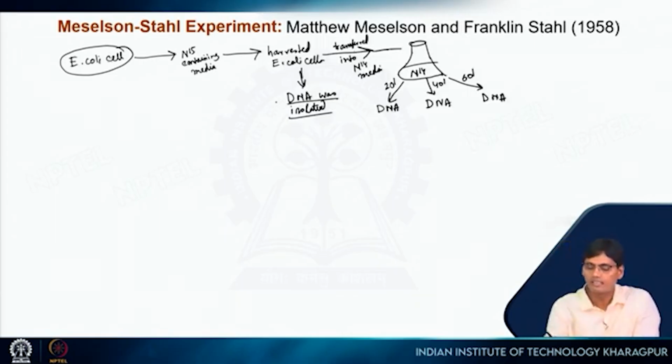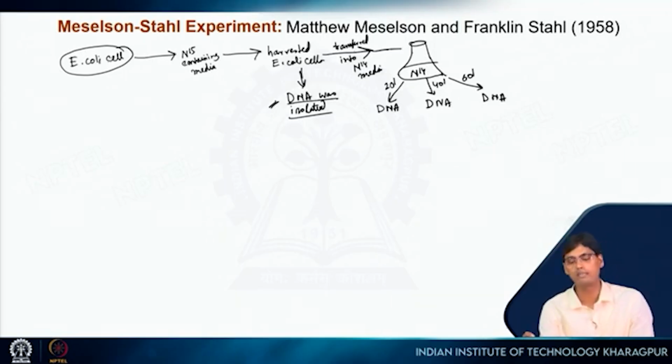One was directly harvested from cells which were grown in N15 containing media. Then we transferred those cells into N14 containing media, waited for 20 minutes, and took another DNA sample, then after 40 minutes again we extracted DNA, and after 60 minutes again we extracted DNA.